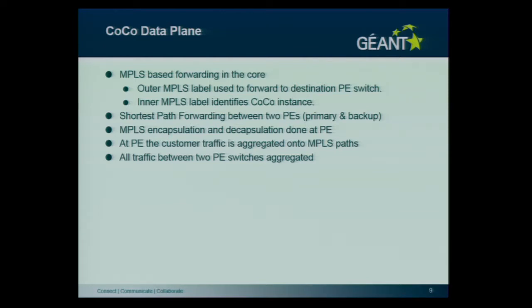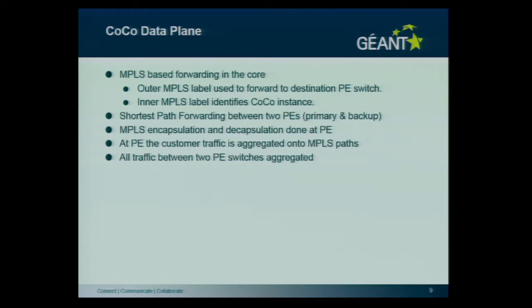We'll use two MPLS labels, an outer label and an inner label. The outer label will be used to identify the provider edge switch and forward to that provider edge switch. And there's an inner MPLS label that identifies the COCO instance.